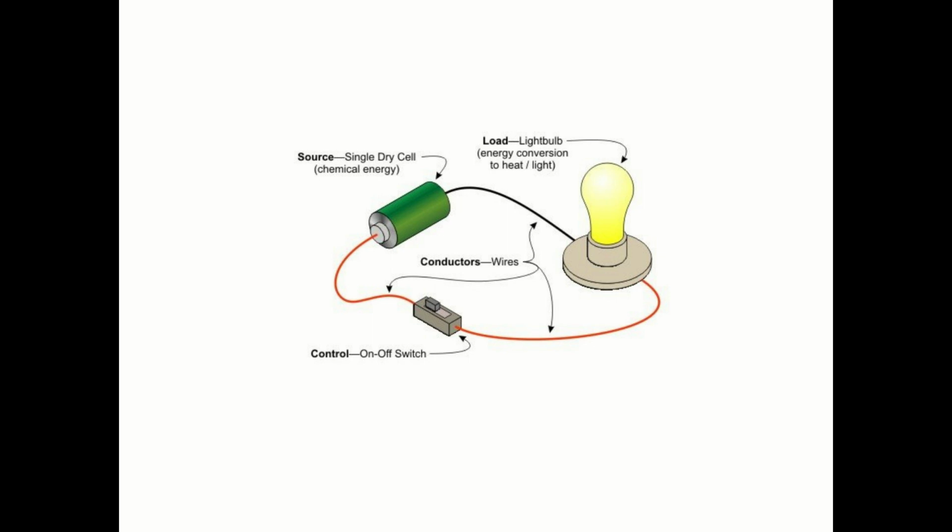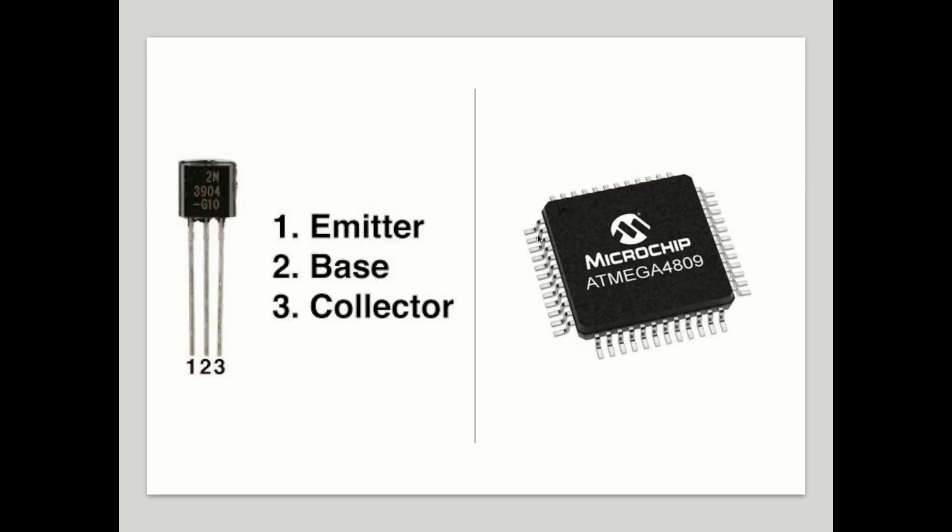So this, if I could move to the next slide, this is an example of a transistor. This is a transistor that you could mount in a circuit. It's got 3 pins here, and the idea is that this is basically an electronic switch. The base, which is the middle pin here, is the on-off switch, and the other 2 pins are the input and the output which electricity flows through.